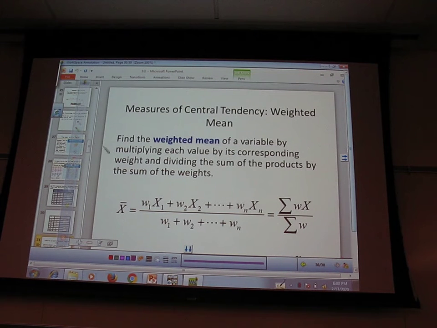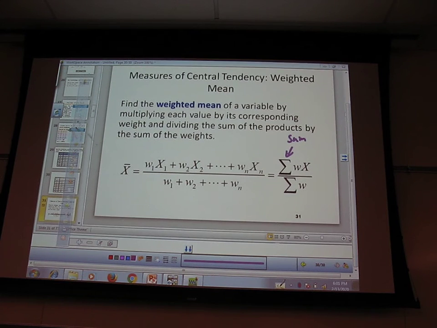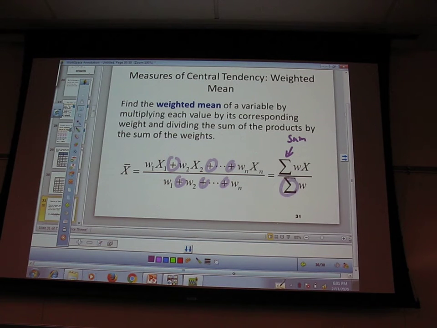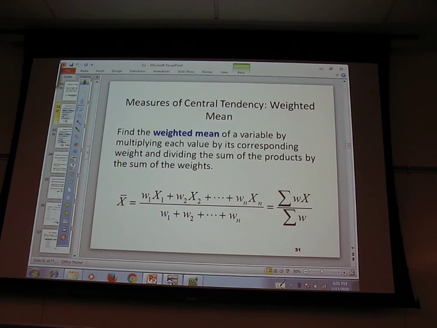The symbol Sum means you add them all up. That's where this part comes from, the adding up stuff, when you're adding them all up. Good question. What's x again? X is your individual data values. X bar is your sample mean.